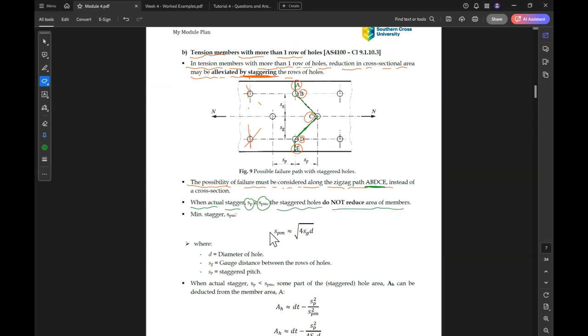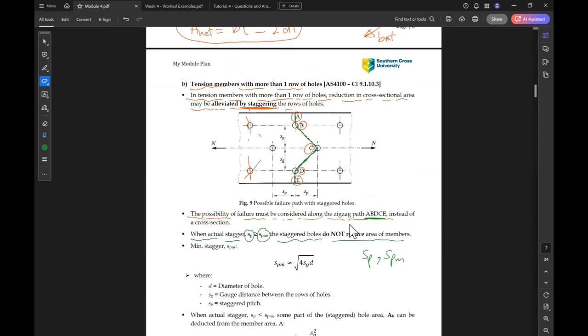So we need to know what is s and what is s minimum. These are the minimum stagger spacing and the spacing. So if we look at the drawing here, from this hole to this hole, this is called g.